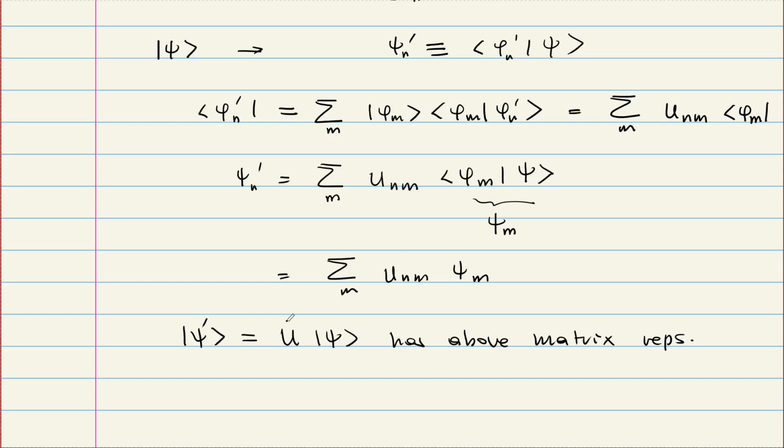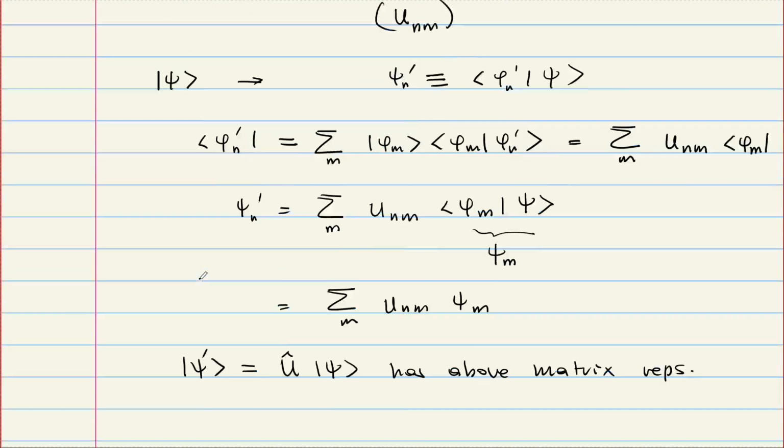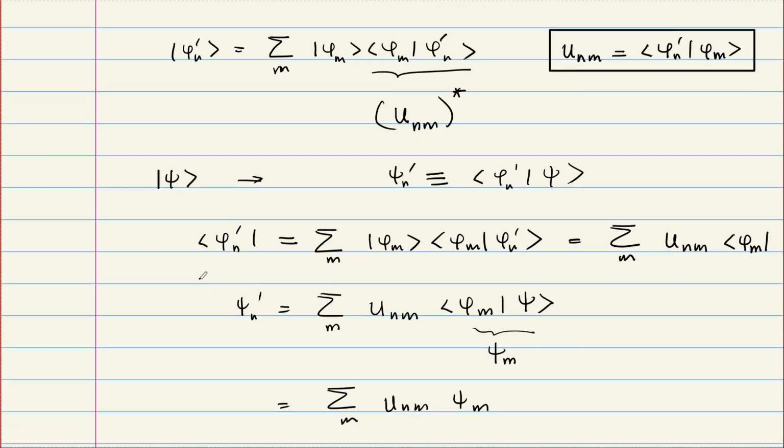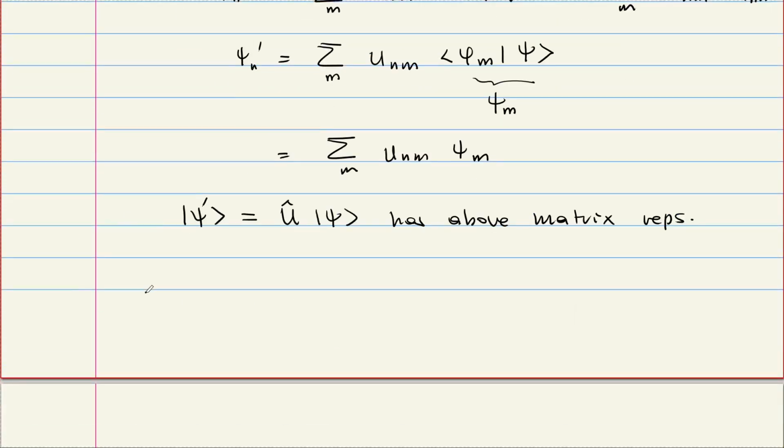This is, if you want, the operator form, and this is the matrix form. So this is how I transform in the Hilbert space. This is exactly like a rotation, but we operate with these matrices, right? Unitary operators.